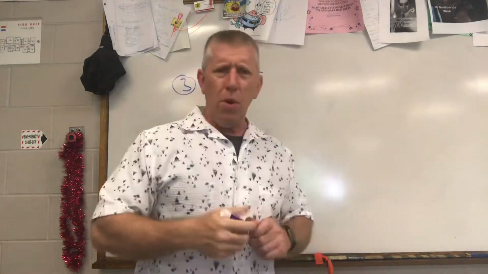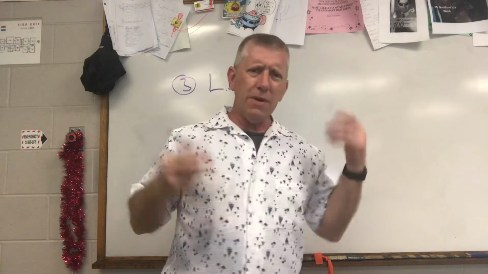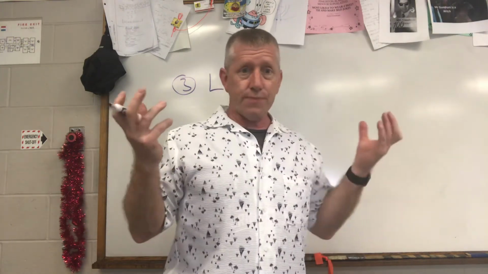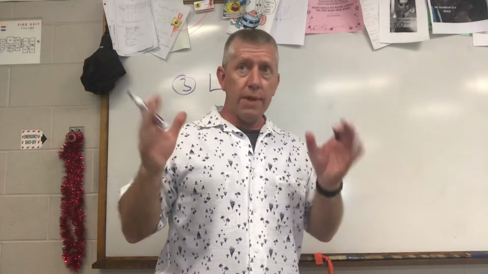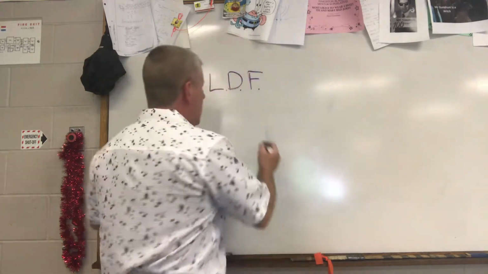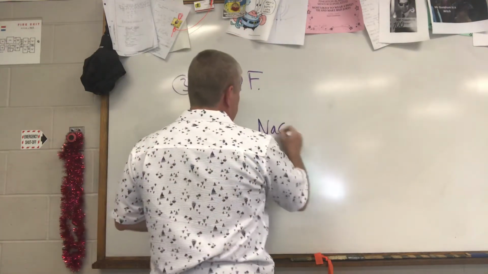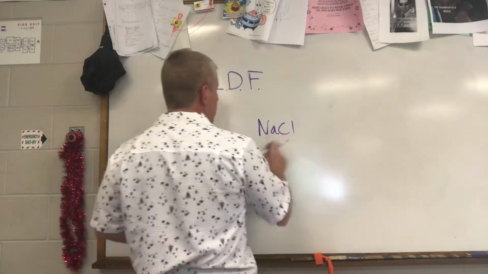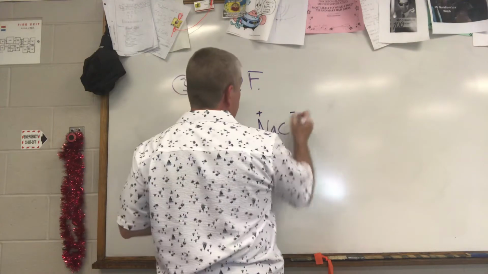I didn't give you an example of a dipole, though. I realized after I finished, wait a minute. Here's one, and it's very simple. NaCl, salt. This is going to have a positive side and a negative side.